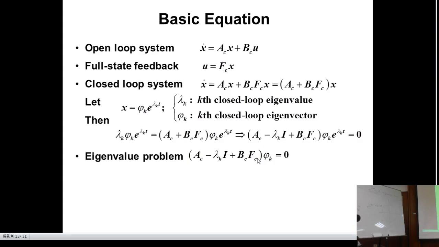How can I have a control force which is complex? You cannot do that. So, in the whole system here, we have AC is real, lambda k will be complex normally, BC will be real, FC will be real. This eigenvector psi k is also a complex vector.